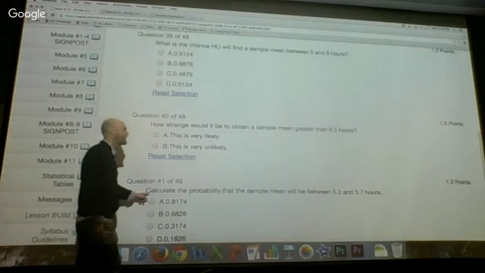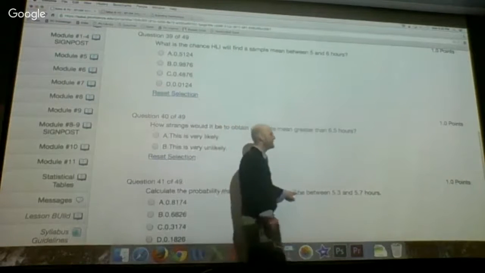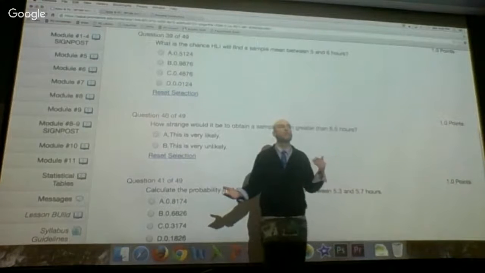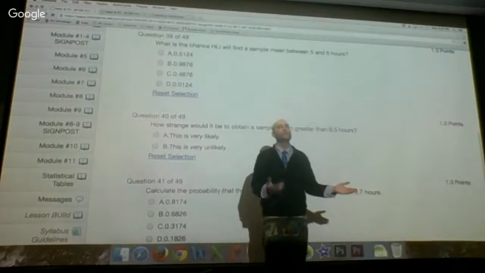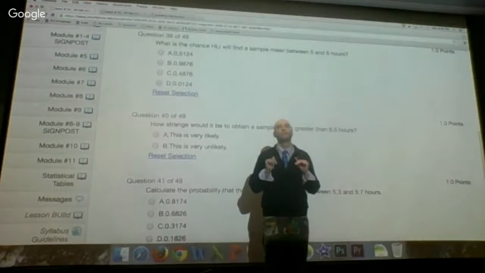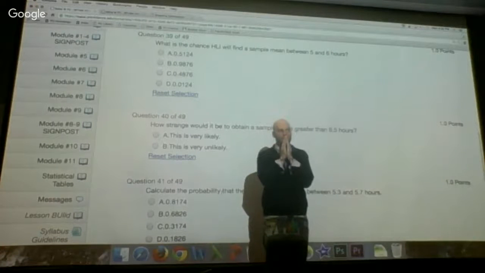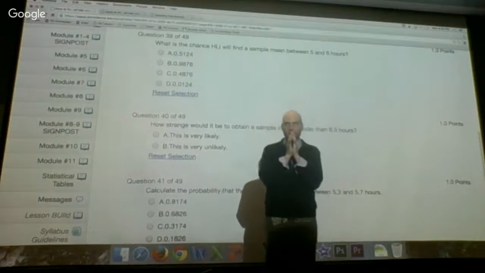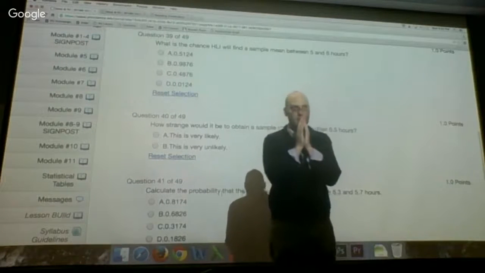What do you suppose the probability of the sample mean being between 5.3 and 5.5 is? Let me see if I can get a new voice on this one. I want somebody else to tell me that they know what's up.